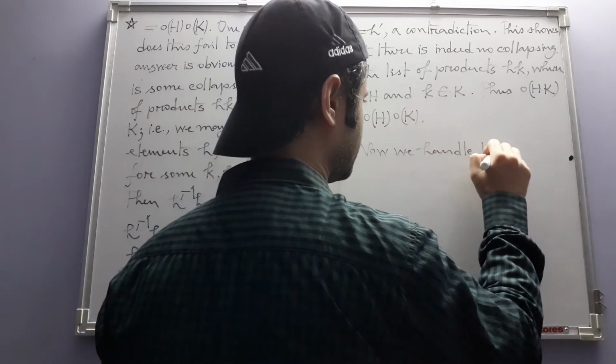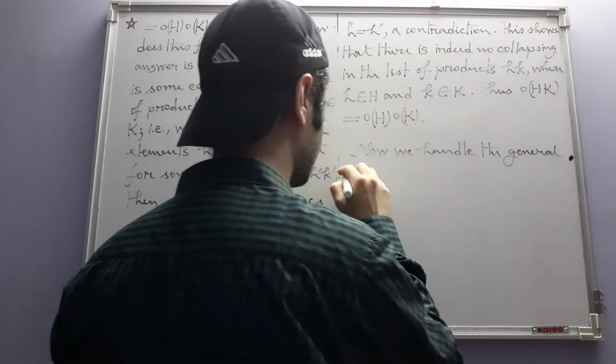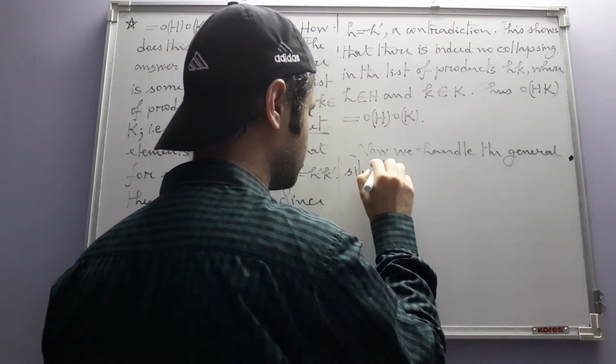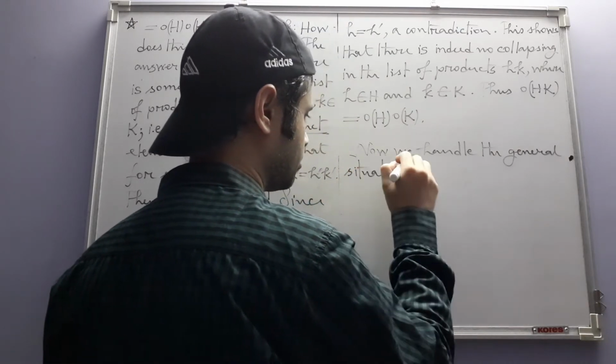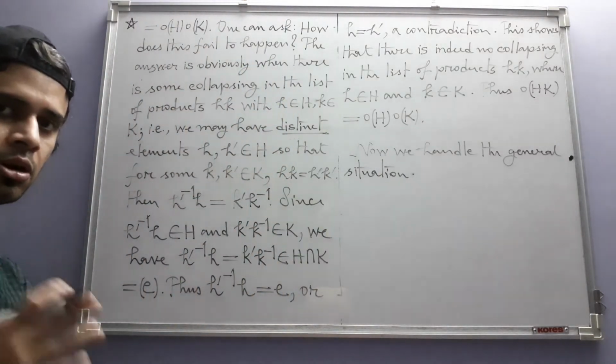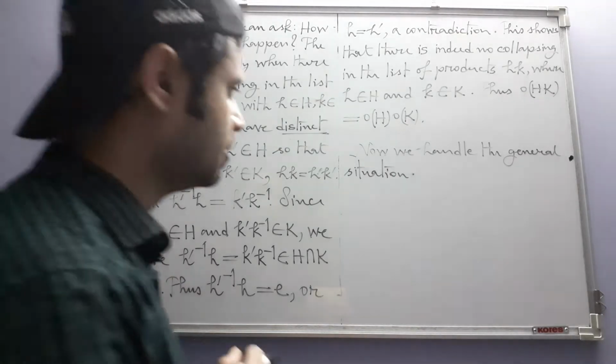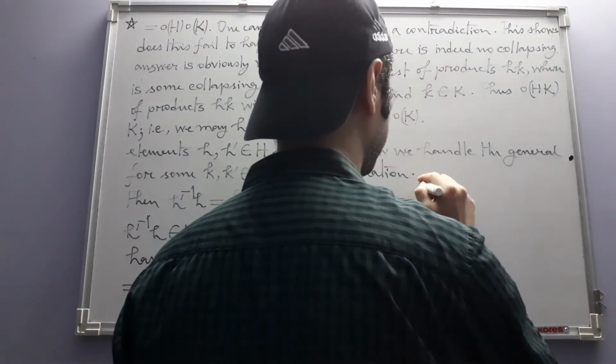Now we handle the general situation in which the intersection of H and K is not necessarily the trivial group consisting of the identity element.